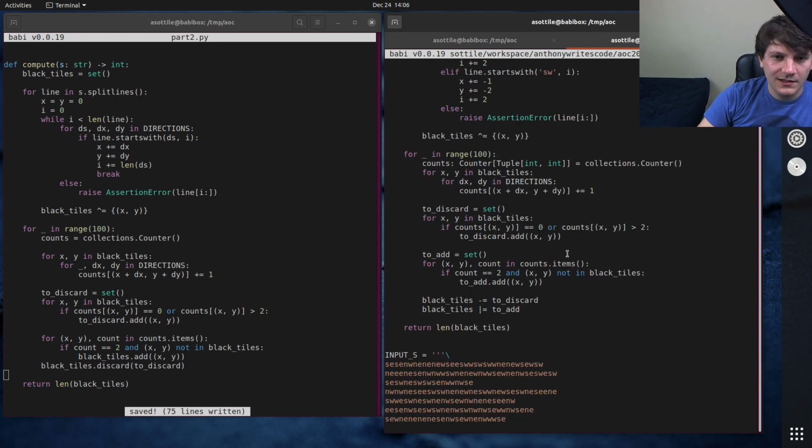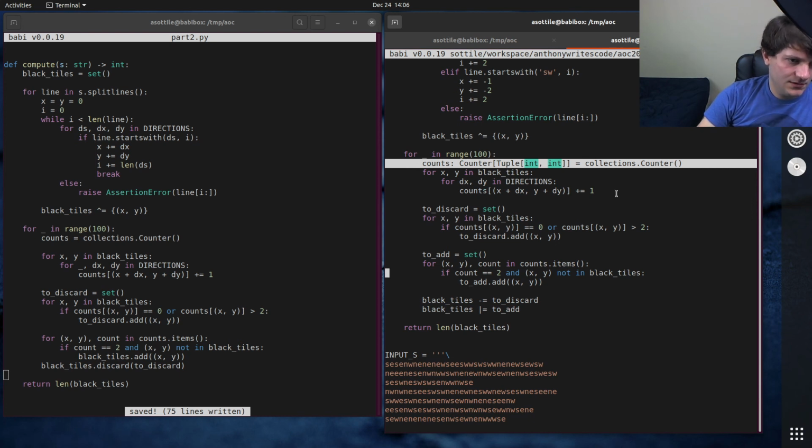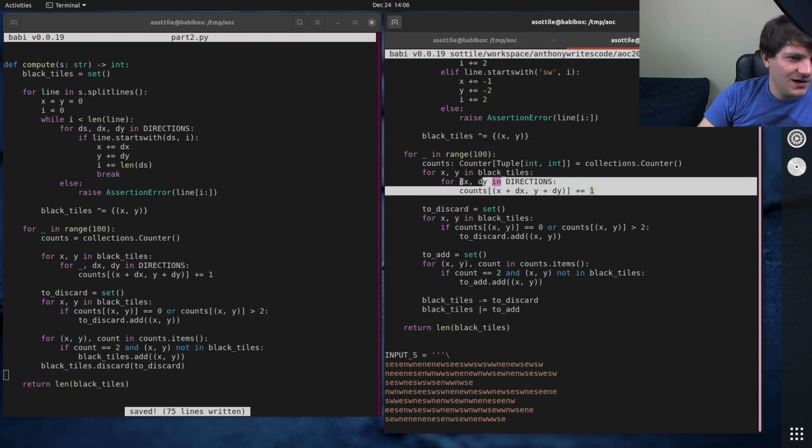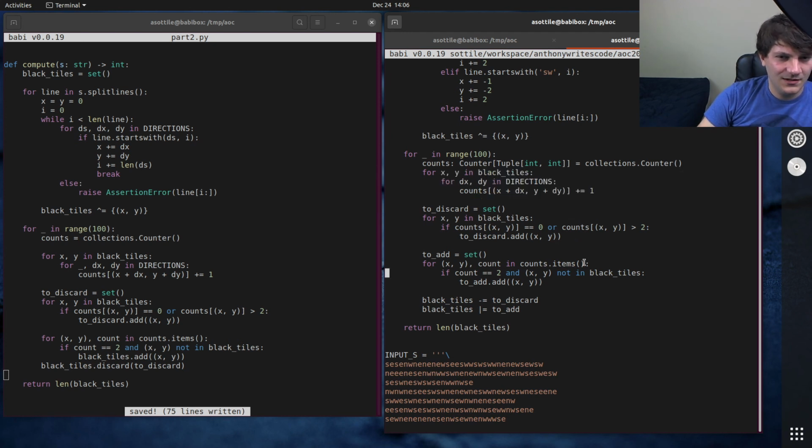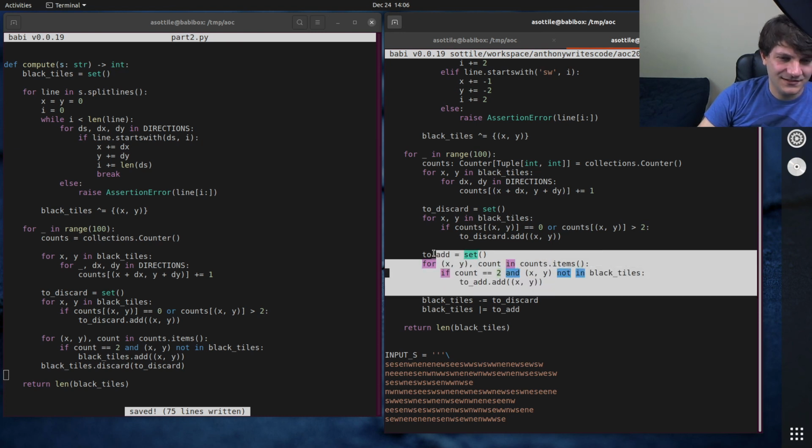Yeah, so then counter, dx, dy. This looks the same. This looks the same. Although I did this slightly different.